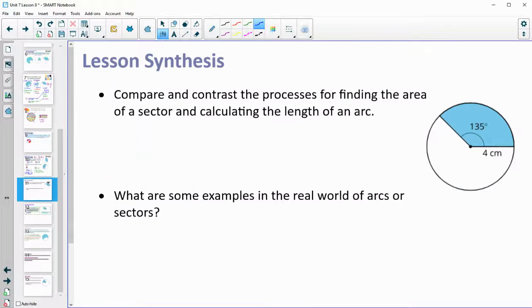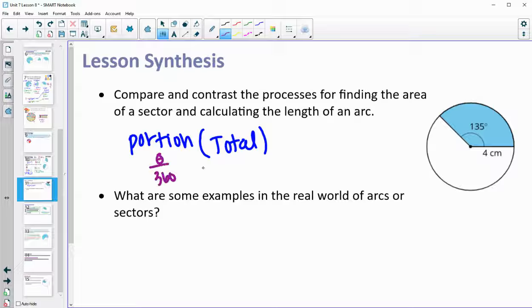All right, so compare and contrast the process of finding the area of the sector and calculating the arc length. In both, you need a portion, the portion that you have times the total. The portion will stay the same. This is where you take the central angle out of 360, but then what you're multiplying it by changes.